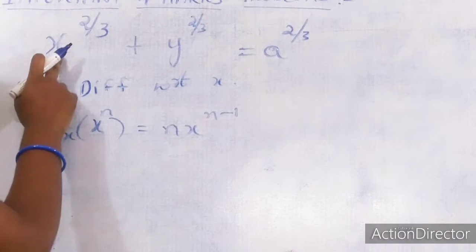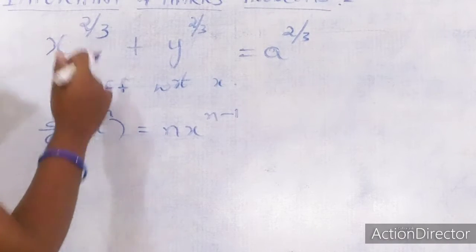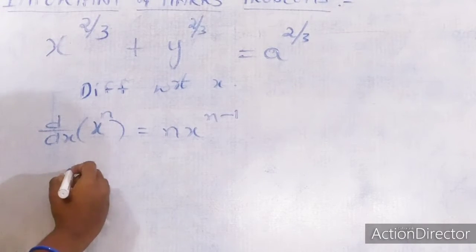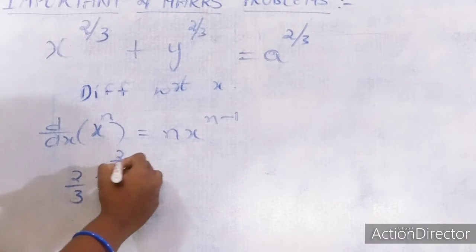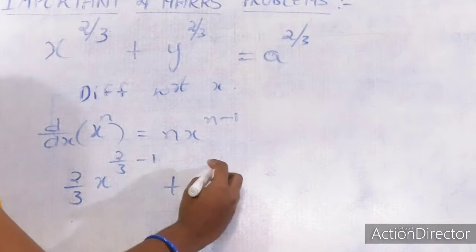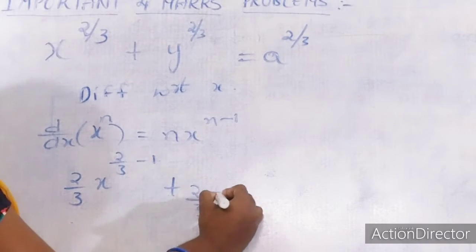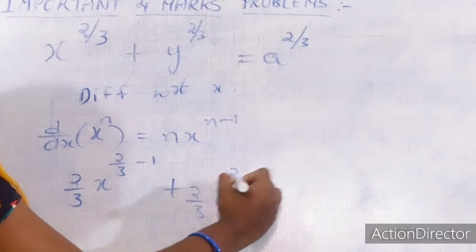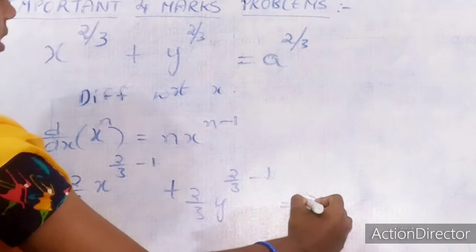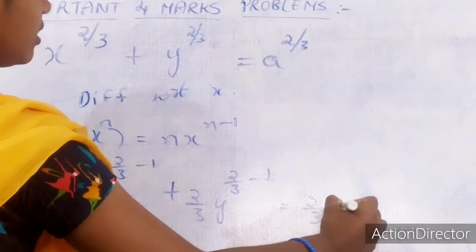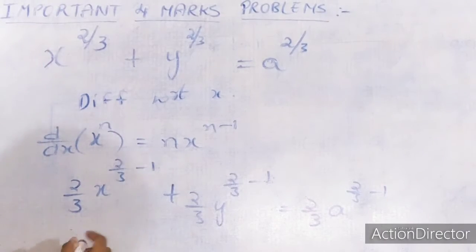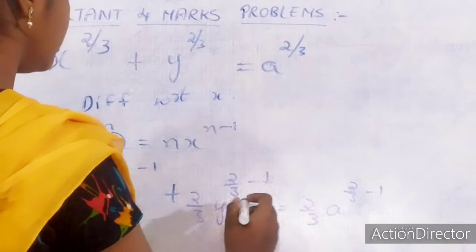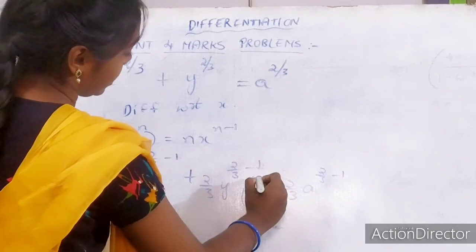It is of the form x to the power of 2 by 3. So 2 by 3 x to the power of 2 by 3 minus 1, plus 2 by 3 into y to the power of 2 by 3 minus 1, is equal to 2 by 3 into a to the power of 2 by 3 minus 1. Here we have to do the inner derivative.